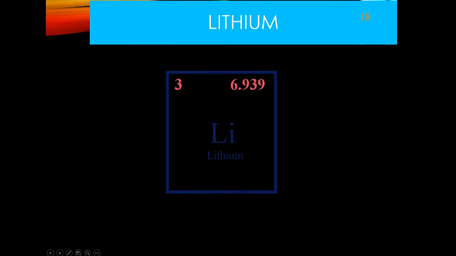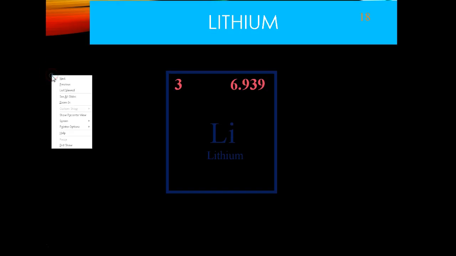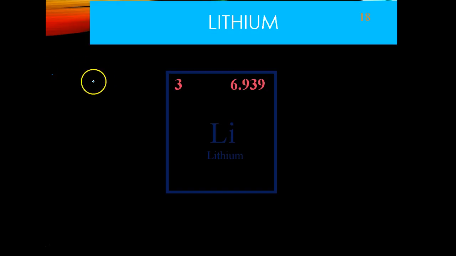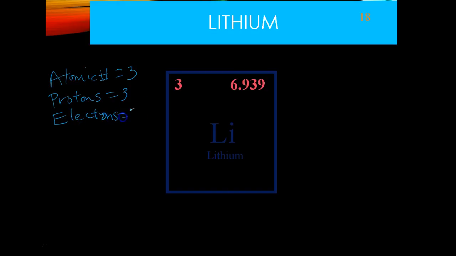Alright, and let's try one more. Lithium, the stats for lithium. Protons, let's go with atomic number. It's equal to 3. Number of protons, 3. Electrons, it's equal to 3.